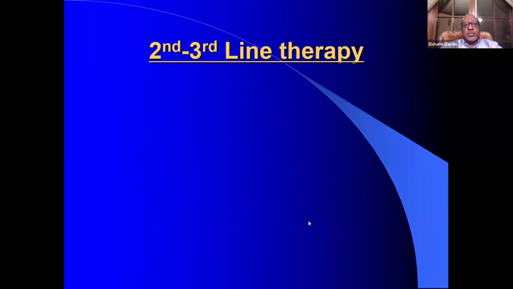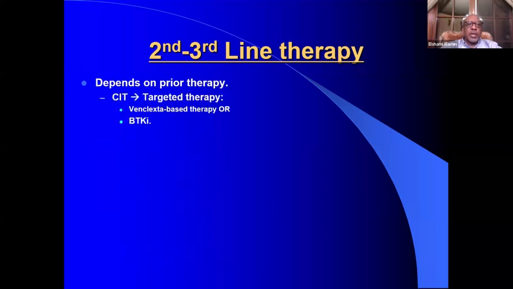So, second and third line therapy for relapsed CLL or SLL depends on prior therapy, of course. If the patient has been treated with chemoimmunotherapy, then we choose targeted therapy. This patient has not been treated with chemotherapy, so this is not applicable.